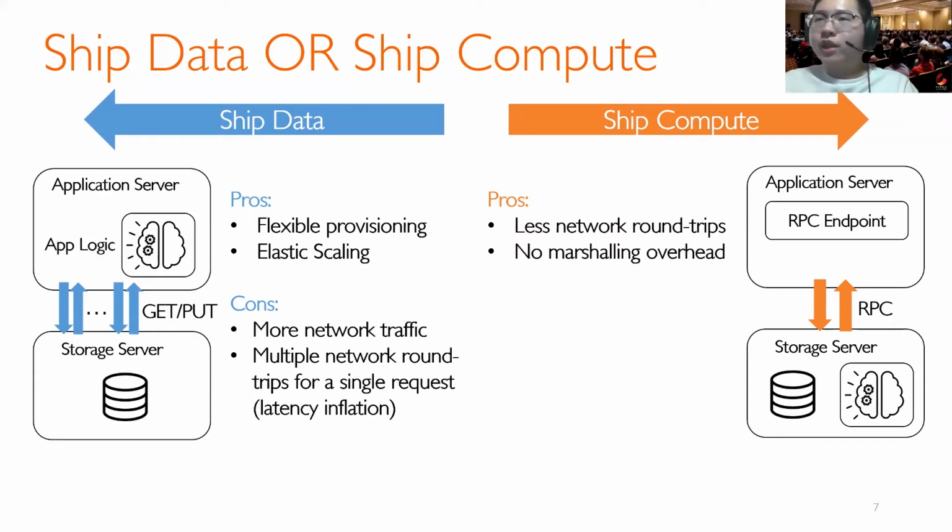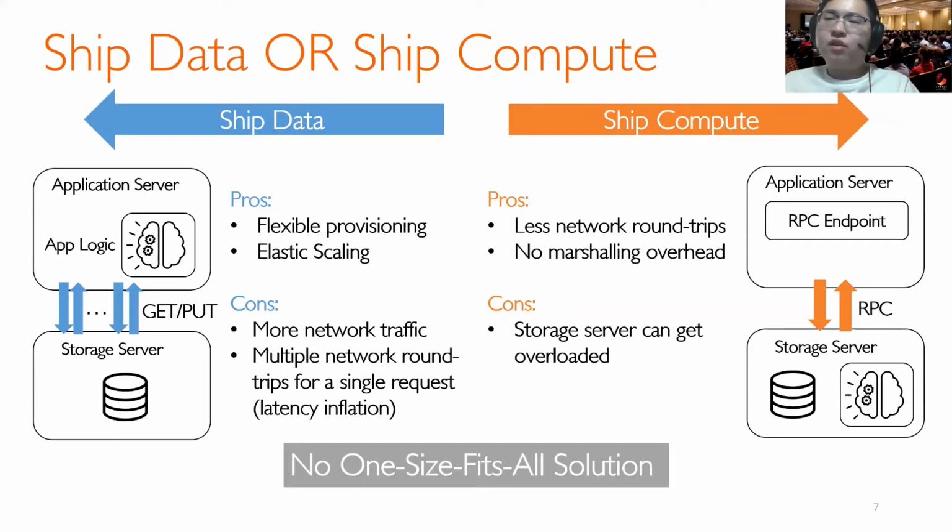However, if we use the ship compute approach, the storage server can get overloaded when the application is a compute intensive one. So really what we see here is that there's no one-size-fits-all solution, and each approach has its own fitting scenarios.